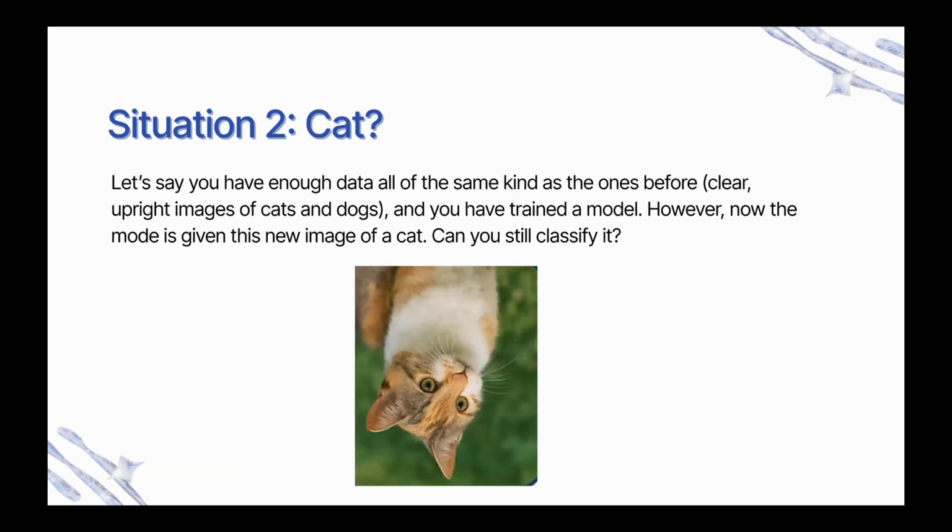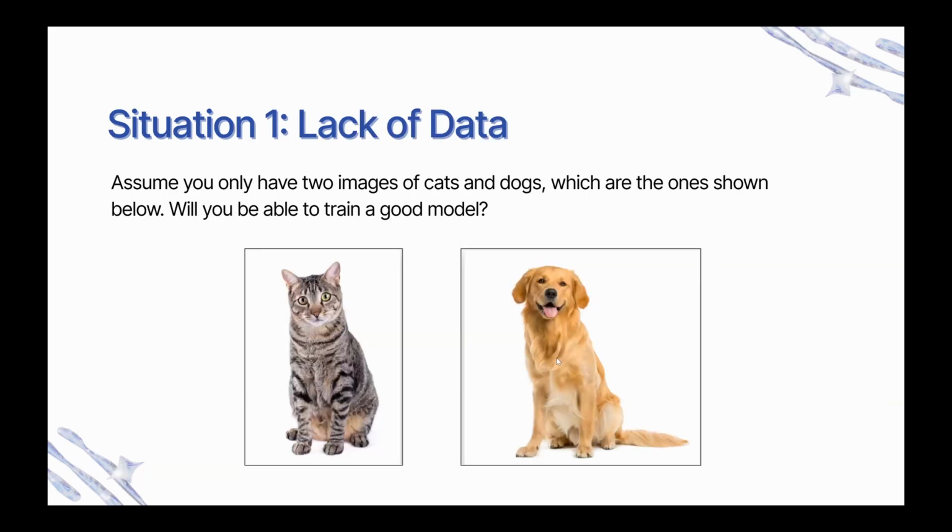The second situation is sort of this one. So let's say you do have enough data to train a good model. But the images you have are all very similar to this one.